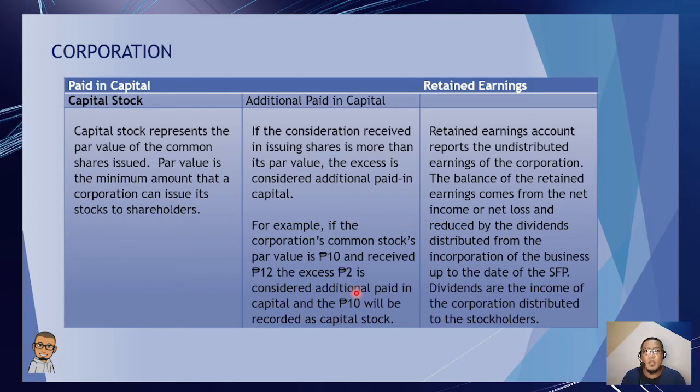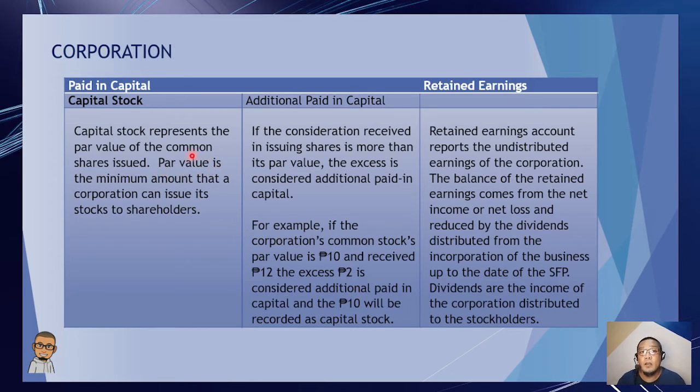Pag pumunta ka sa SEC, sabihin mo, magtatayo ako ng corporation. Okay lang ba na magbenta ako ng 1 peso per share, magbebenta ako ng 1 million shares? Ibig sabihin nun, kung mabebenta mo siya ng 1 peso for each share, makaka-raise ka ng 1 million capital. So, ito yon, par value.